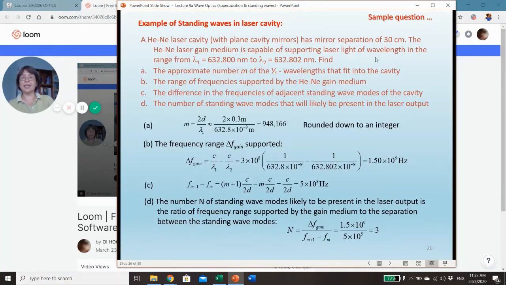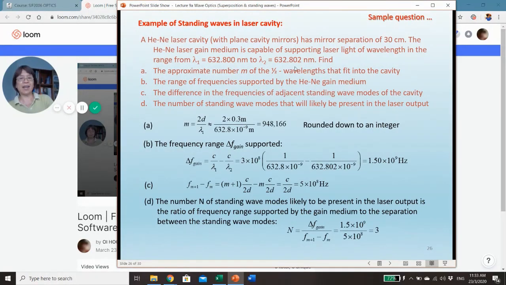Here is a sample question. We have a helium-neon laser cavity with a mirror separation of 30 cm, assuming plane cavity mirrors, capable of supporting laser light of wavelength in the range of 632.8 to 632.802 nanometers. Very small difference here.